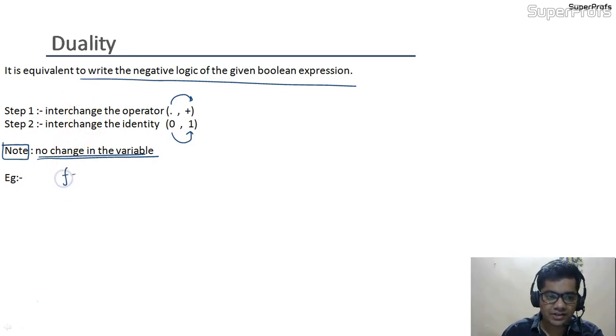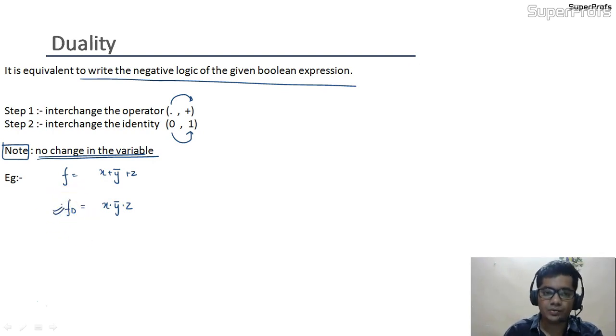Let us consider one example. We take a function f = x + y' + z. If we want to know its dual form, we just change the operator, plus to dot, so it would be x · y' · z.